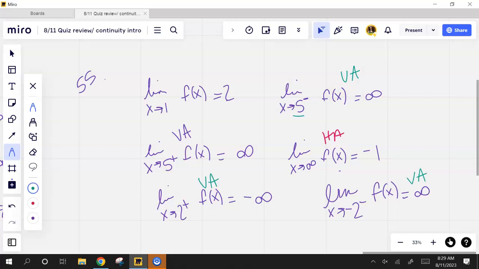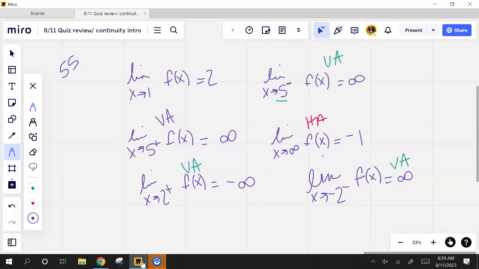Vertical. And then the limit as x approaches negative infinity of f of x is 0. That is horizontal. Whew.